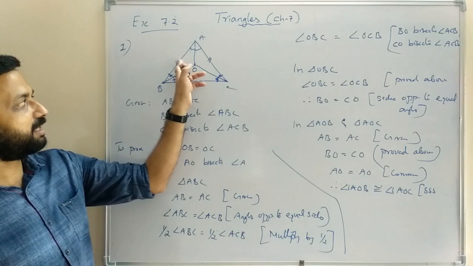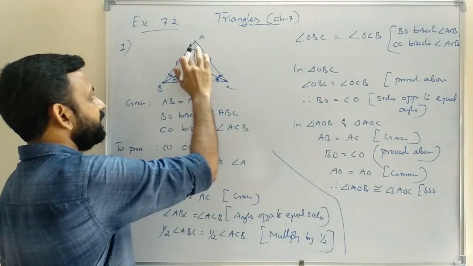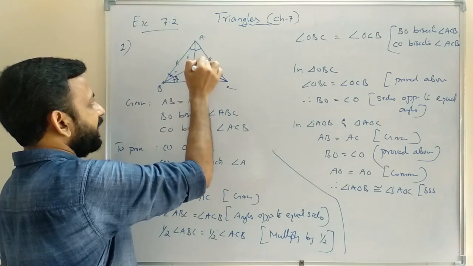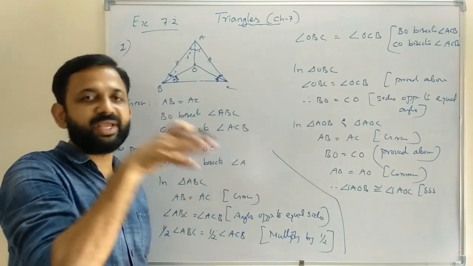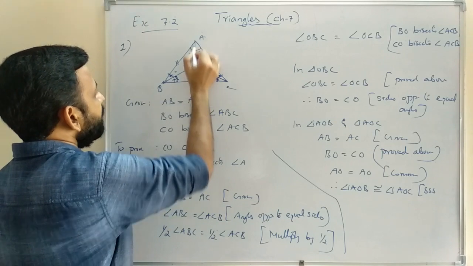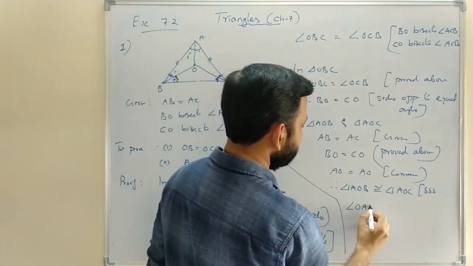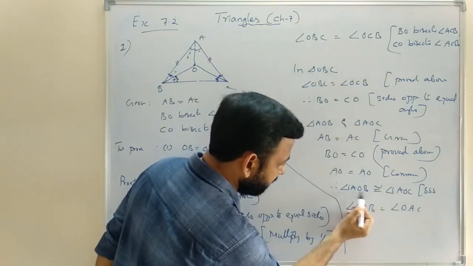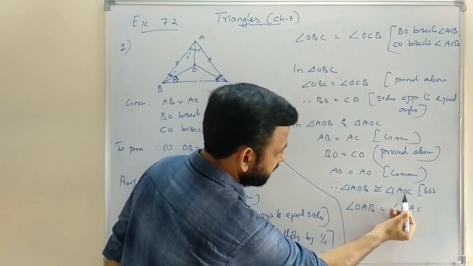If triangle AOB is congruent to triangle AOC, then the two angles are equal because they are corresponding angles of congruent triangles. So angle OAB equals angle OAC, in the same order: second, first, third.